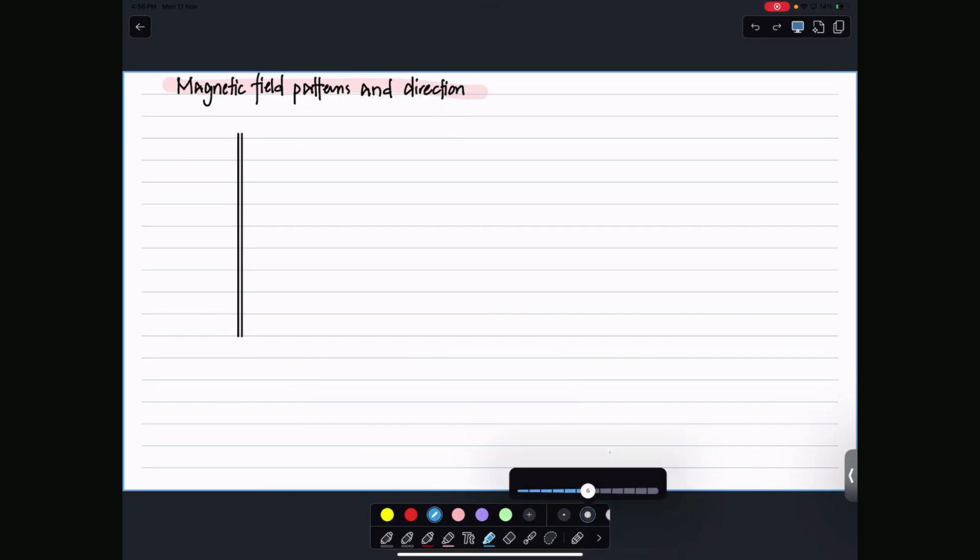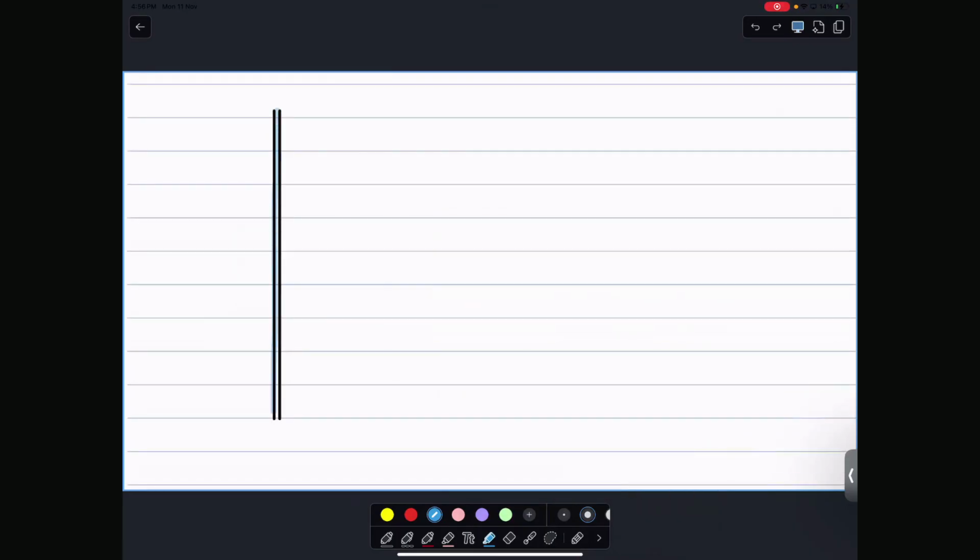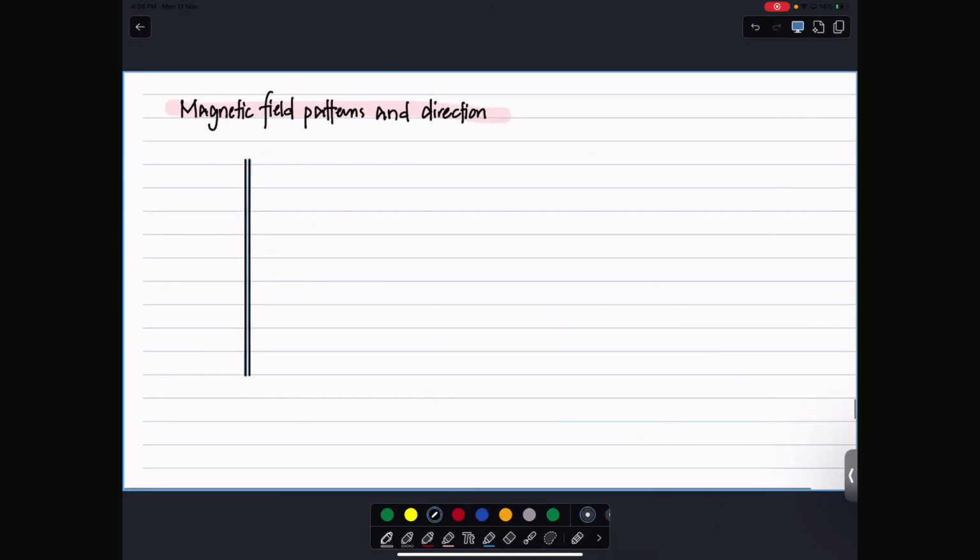I'm doing this chapter with the grade 9 batch class potential. Okay, so you have this current carrying wire here. I'll start with Talha. Can you tell me what is the pattern of the magnetic field around this? Shape, I don't want direction or anything, just what would I see? Circles.